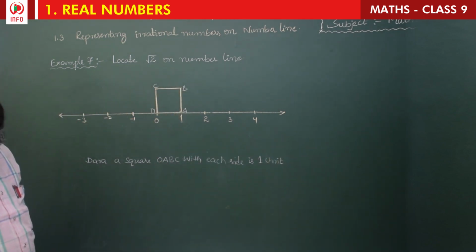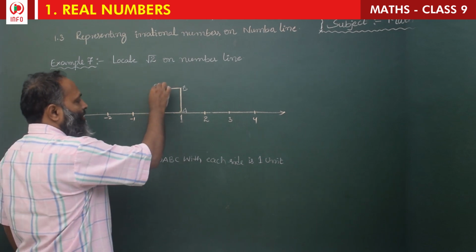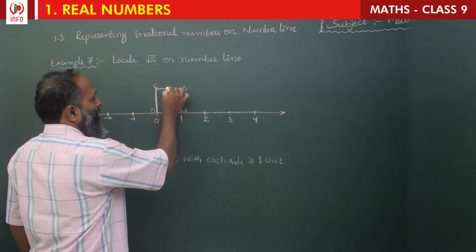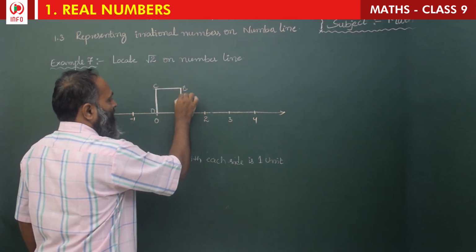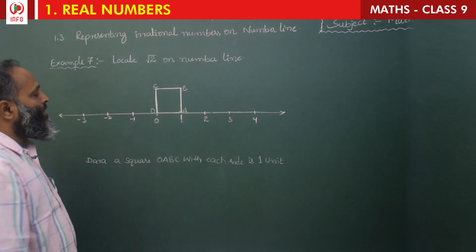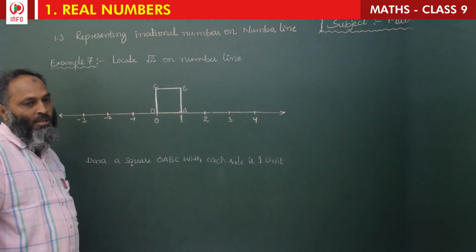Each side will be 1 centimeter. So like this square we should draw, where each side of the square is 1 centimeter.